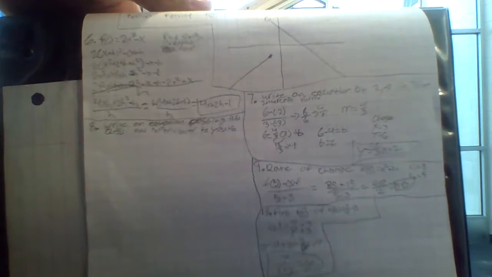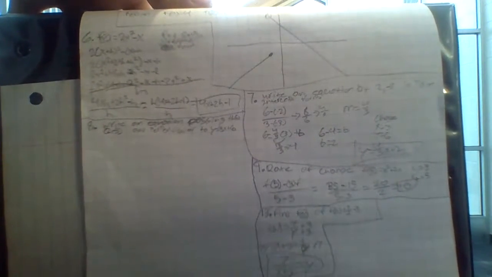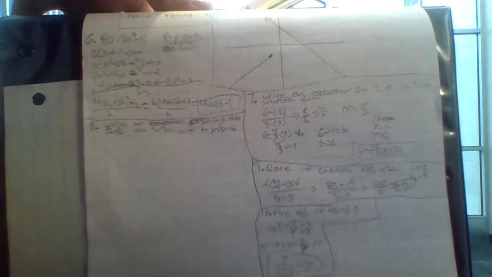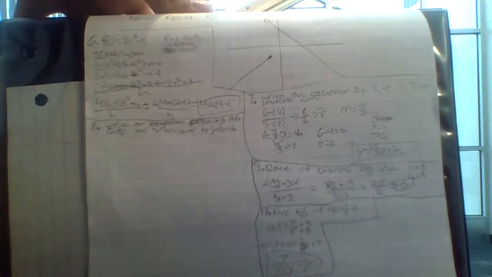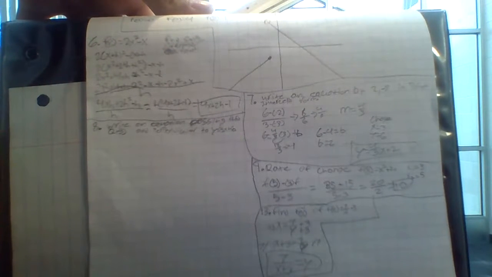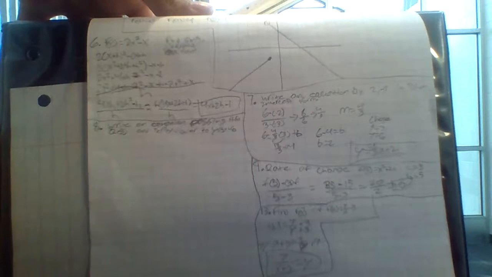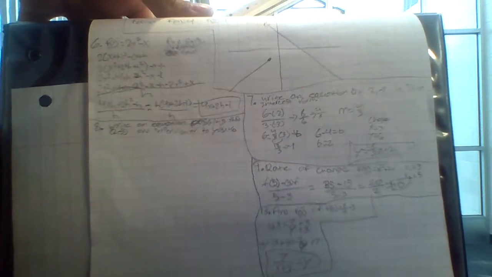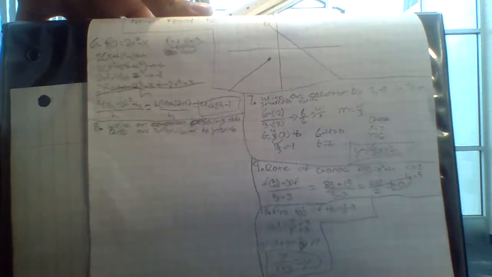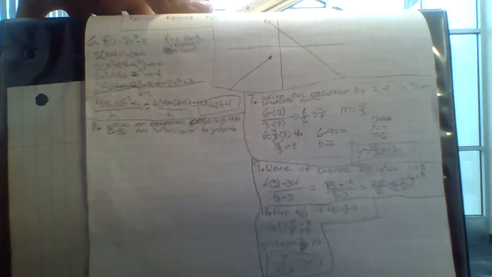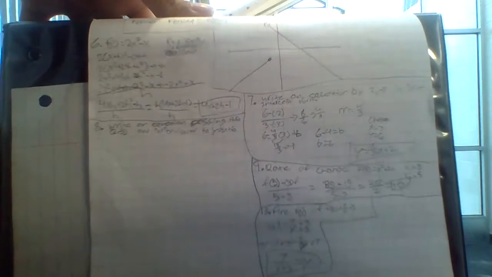So the next one, number 6. Here we have f of x is equal to 2x squared minus x. Find the difference quotient. This is one of those where you add the h's and the x's into your equation.